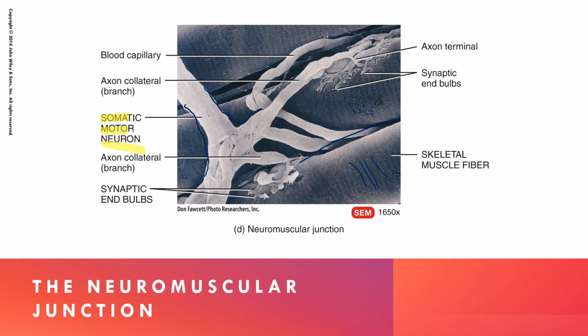And then you can also see this neuromuscular junction right here. So this neuromuscular junction has the synaptic end bulbs here, and there's going to be a neuromuscular junction at each of these synaptic end bulbs, and each of these motor end plates are going to be on the other side of those synaptic end bulbs.